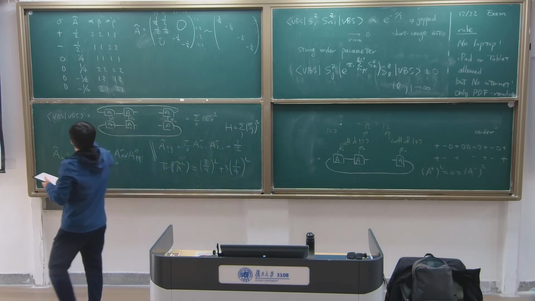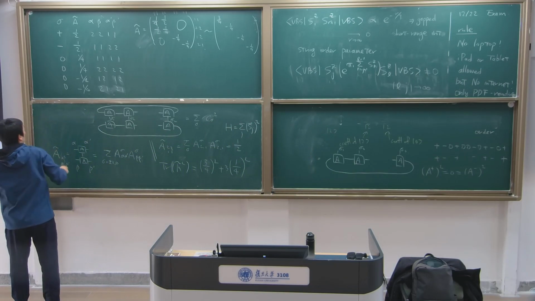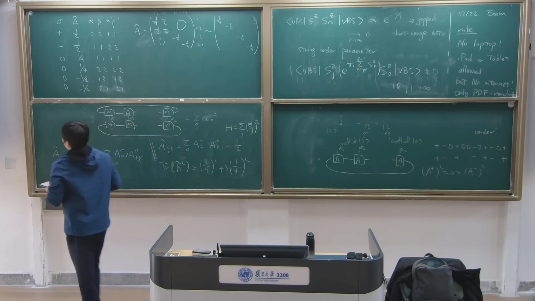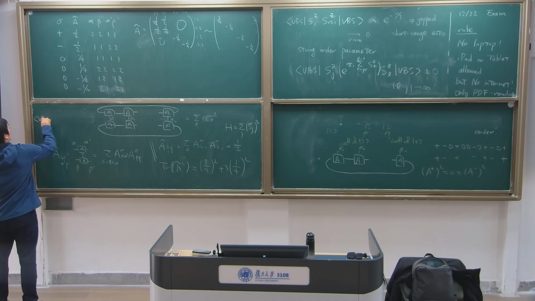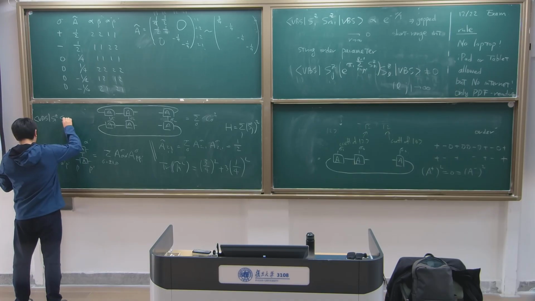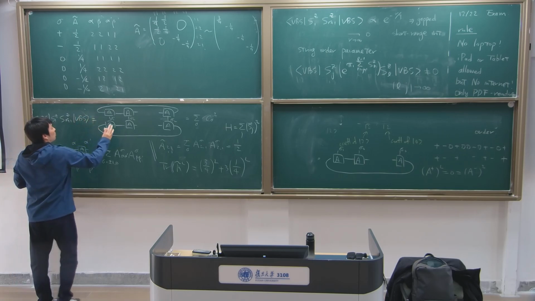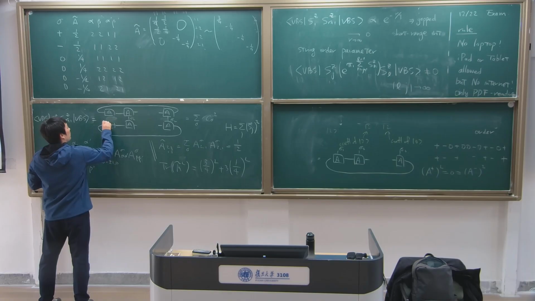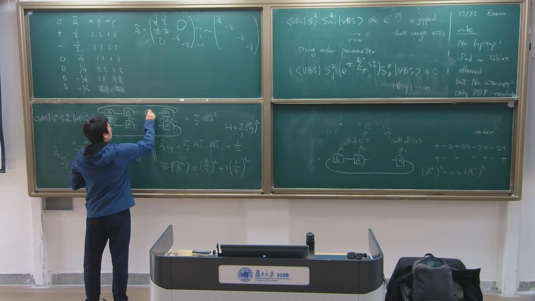So to compute this one, like this. We put the spin operator here. So here is the spin operator. You put the spin operator here, then at the r plus 1 site, you put the spin operator here. Then compute.